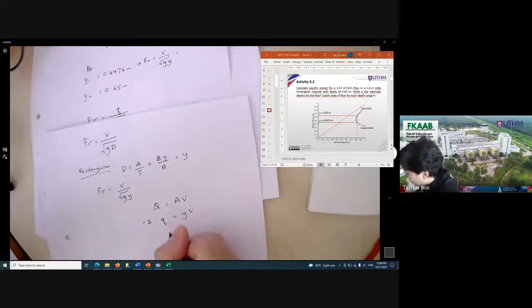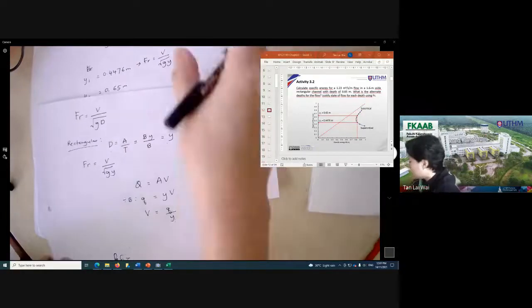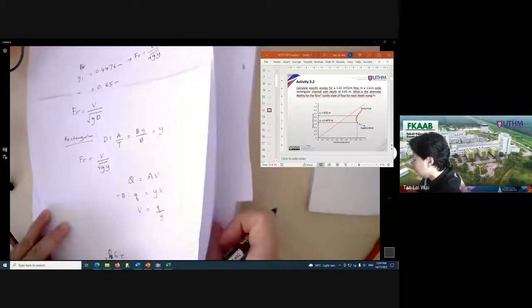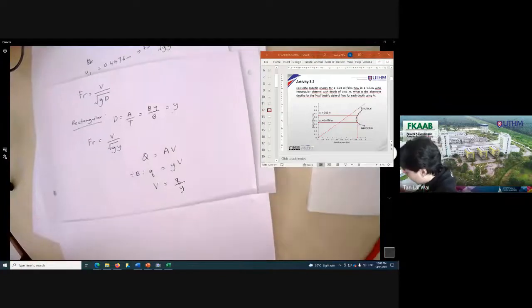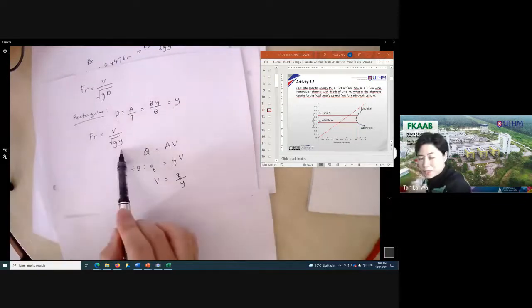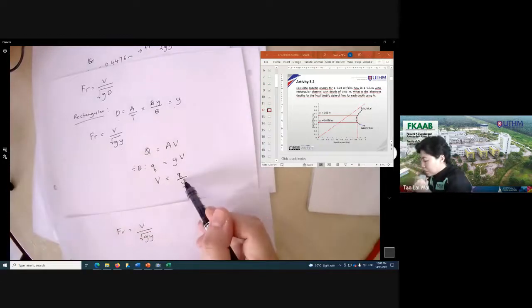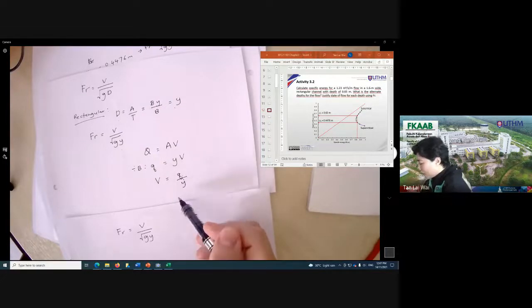So therefore, rearranging this, you are going to have V equals q over y. Clear so far? So therefore, when I said you have Froude equals to this term here, I'm substituting velocity with q over y.